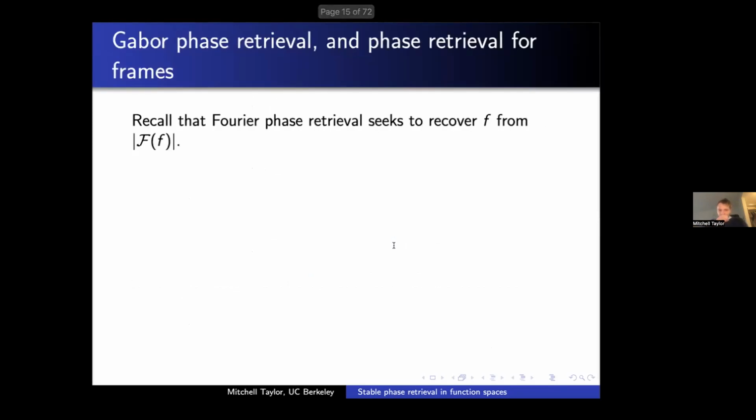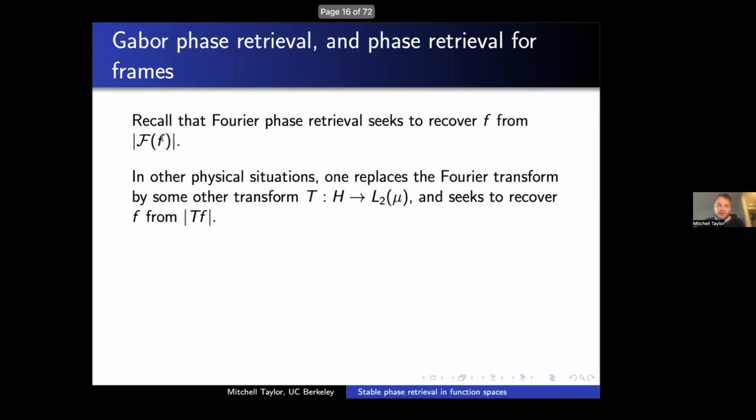All right, so as I was mentioning, in Fourier phase retrieval, you try to recover a function f from the magnitude of the Fourier transform of f. But there are many other physical scenarios where the Fourier transform is not the relevant operator; as Dan was saying, the relevant operator is usually the analysis operator of a frame.